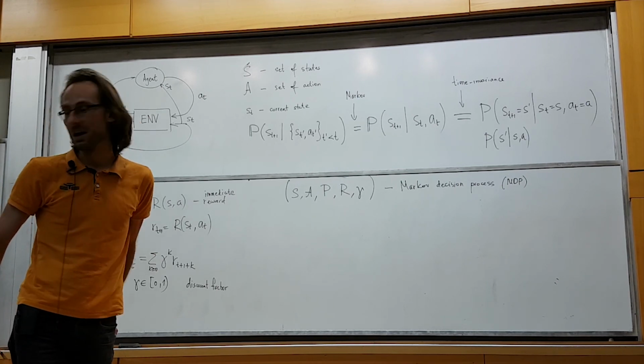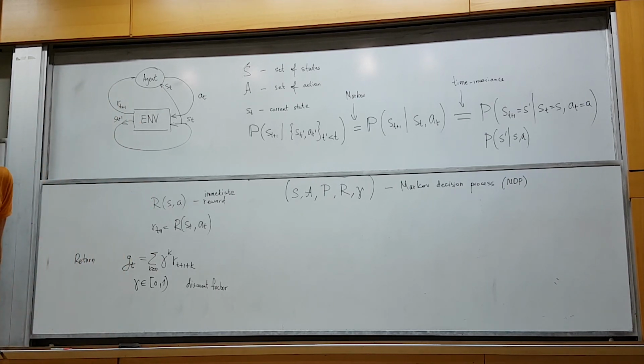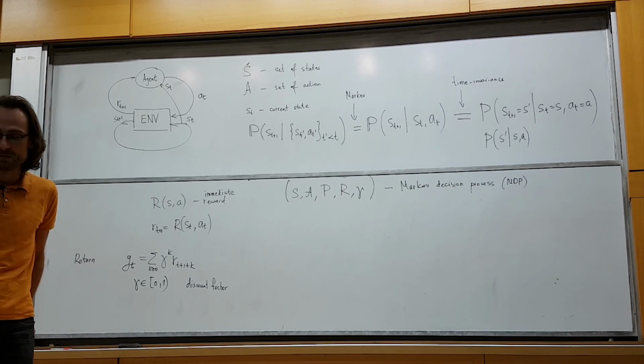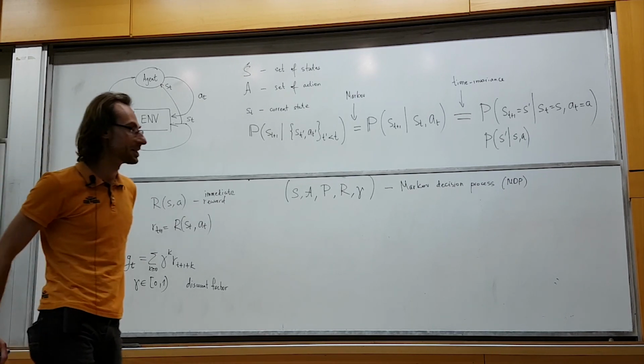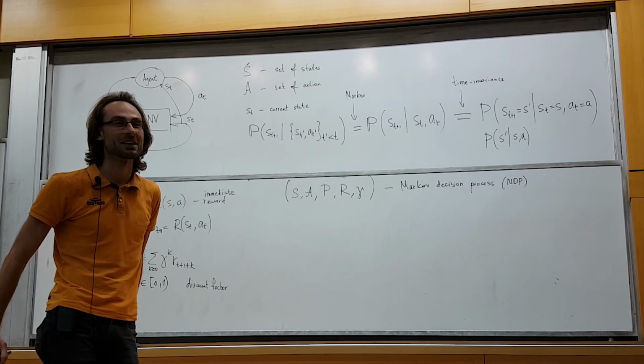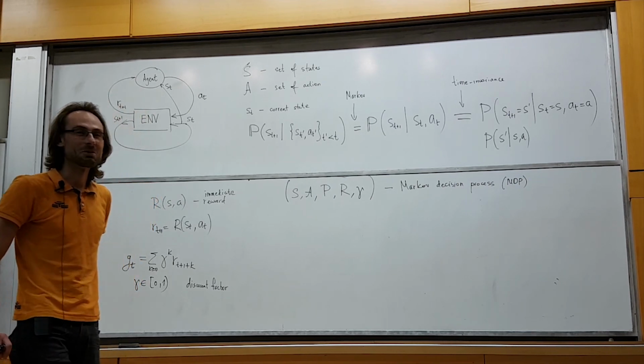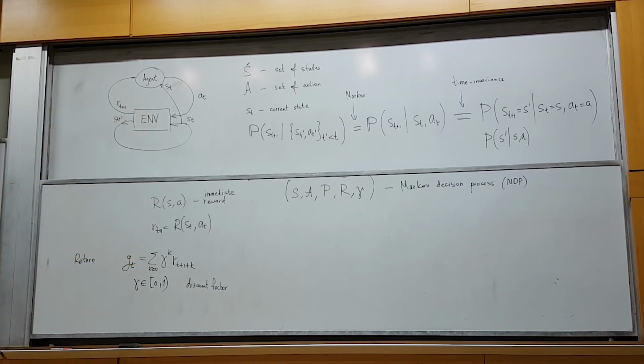Well, with gamma, you can think of gamma as some kind of memento mori, right? Some kind of remembering that life is finite, right? So you don't really care about reward in 1 million steps. It might be huge, but you might not survive. So that's why you are discounting the remote future.